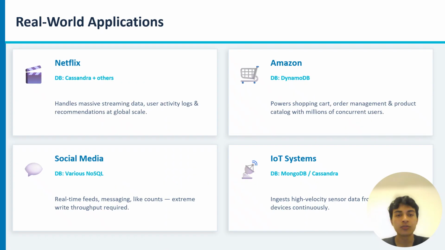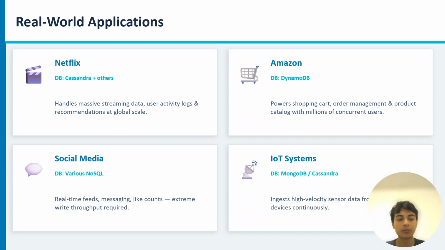So talking about real world applications, take Netflix as an example. It handles massive amounts of data like user activity, watch history, and recommendations, all happening in real time for millions of users. A traditional database would struggle to handle this scale efficiently. Amazon is another example. It uses NoSQL for managing shopping cart orders and product catalogs.